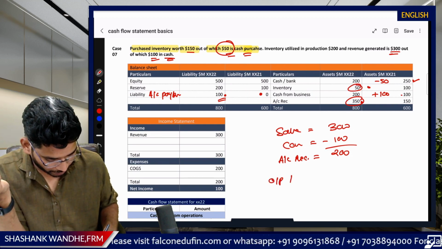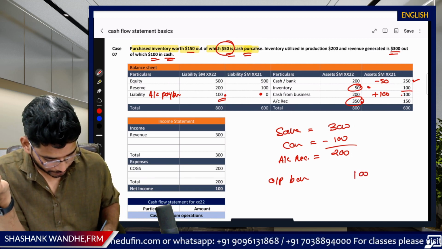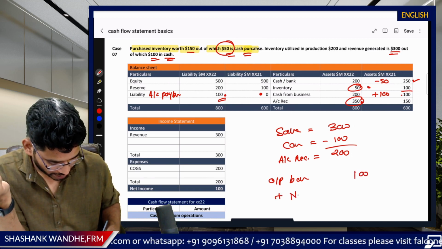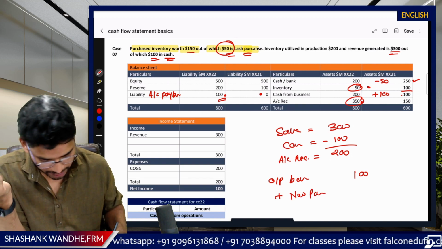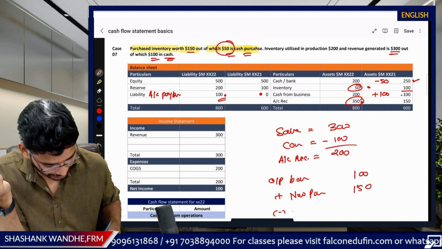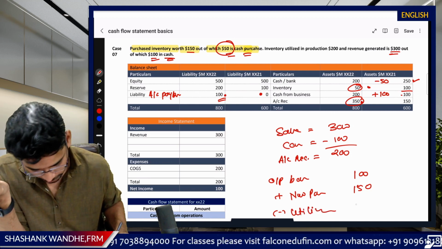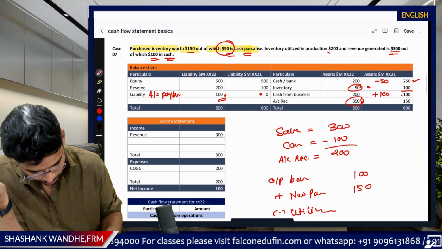Opening balance of inventory is 100 plus new purchase, or simply the purchase, of 150 minus utilization of 200.